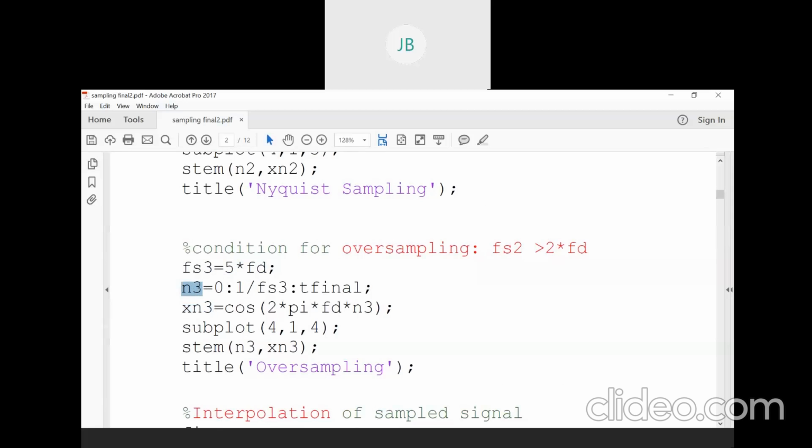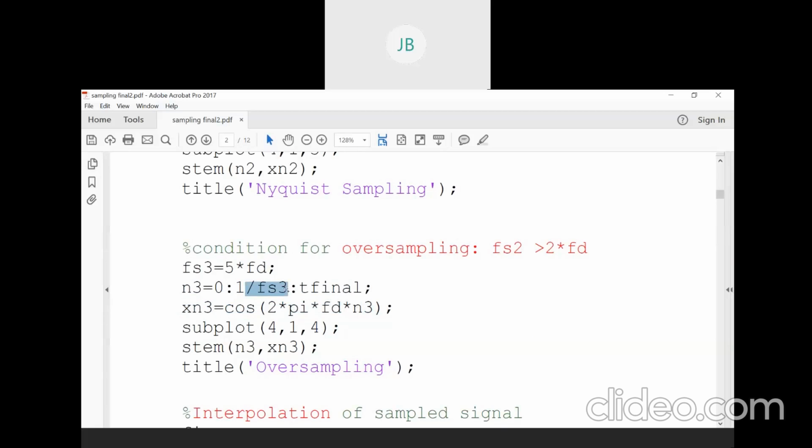So n3 will have a variation from 0 to t final with the increment in time as 1 by fs3. So at every 1 by fs3 we will be collecting a sample, and we will be assigning that sample to x[n3], that is cos of 2 pi fd multiplied by n3. So n3 comes from here with these gaps.